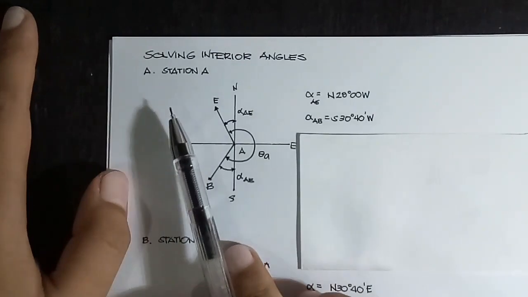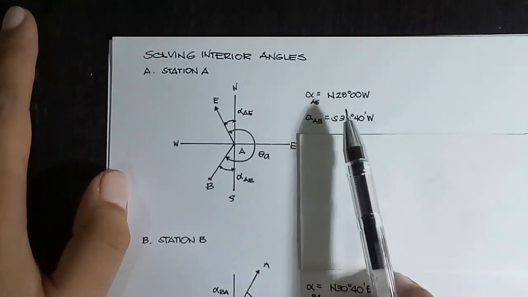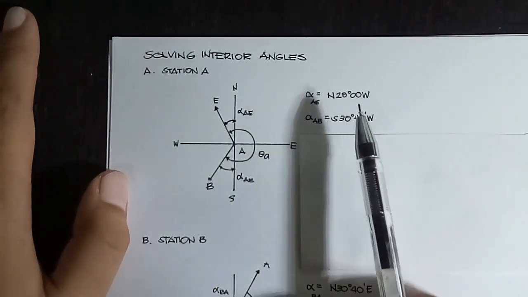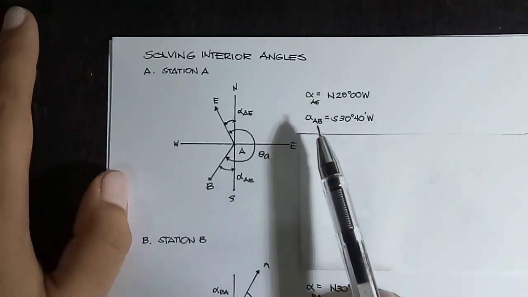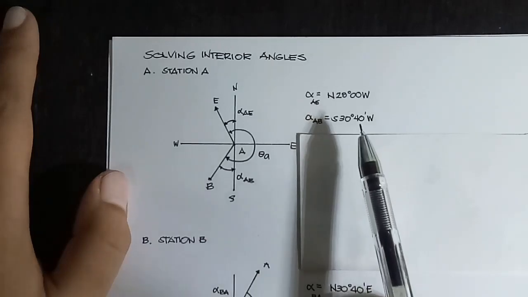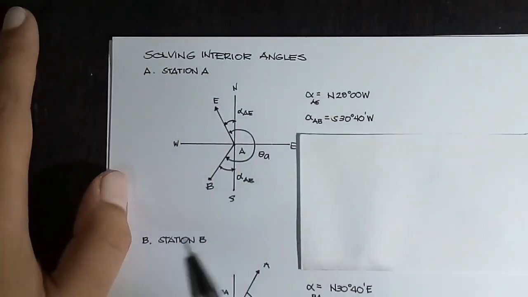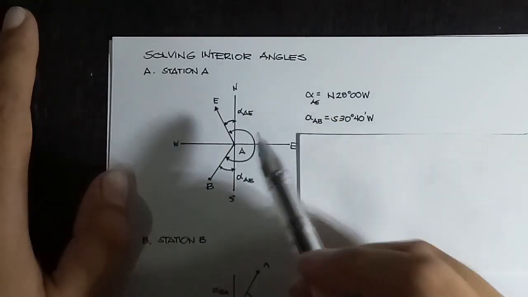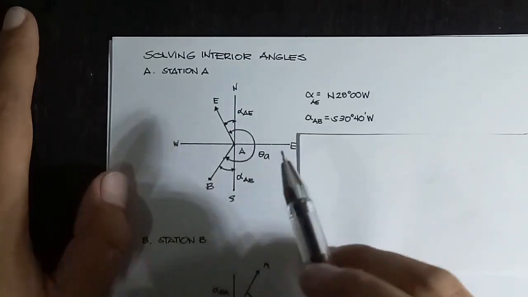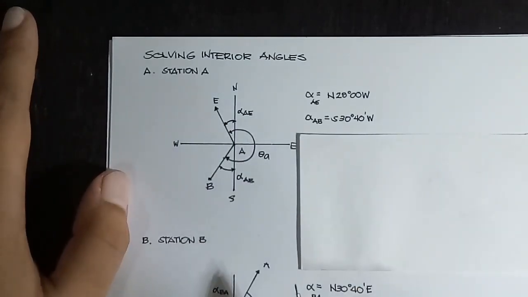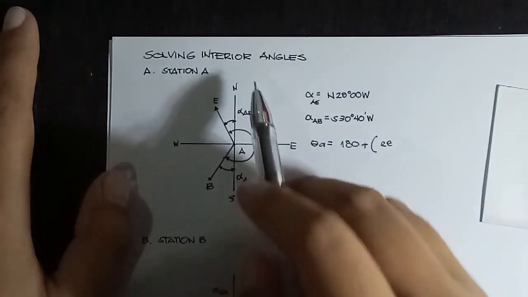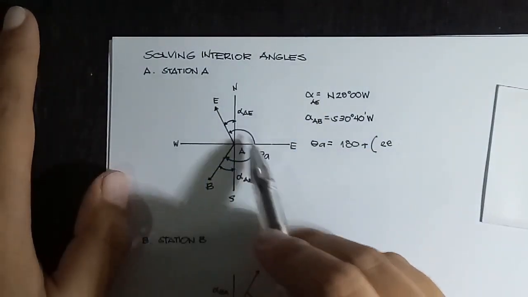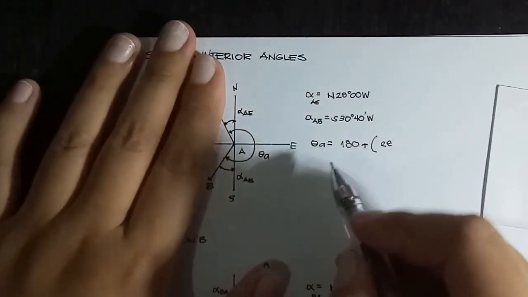So, station A, ang observed bearing ng AE ay north 28 degrees west at ang observed bearing naman ng AB ay south 30 degrees and 40 minutes west. So, ang kailangan natin hanapin dito is itong interior angle ng A. Para ma-solve natin yung interior angle, since nakikita naman natin na meron na tayong 180 degrees sa side na to, nandiyan na siya.